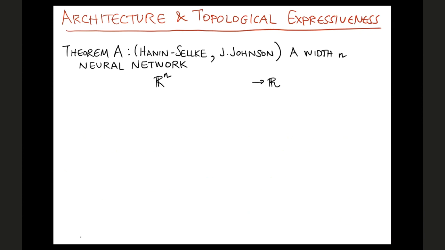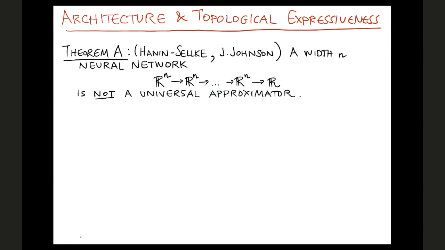What they proved is that a width n neural network on an n-dimensional input space, so the dimension of the hidden layers never exceeds the dimension of the input, is not a universal approximator.